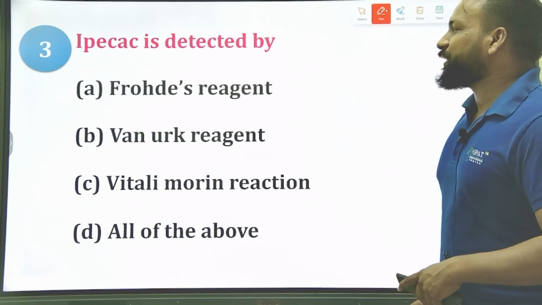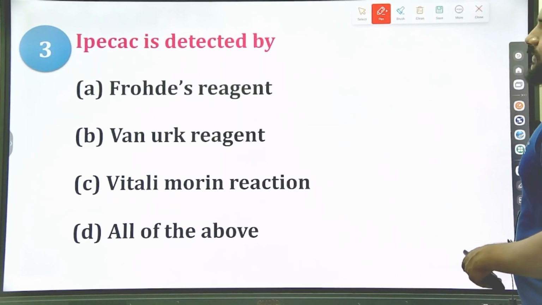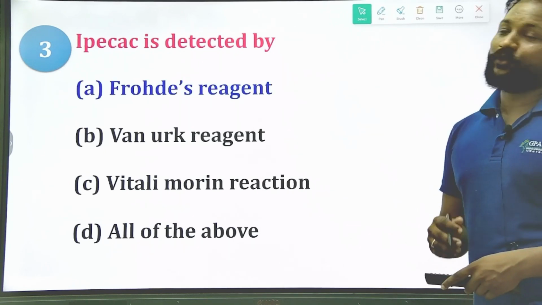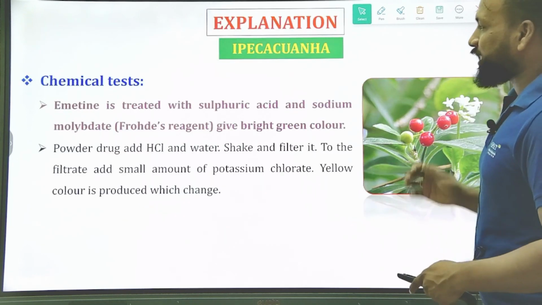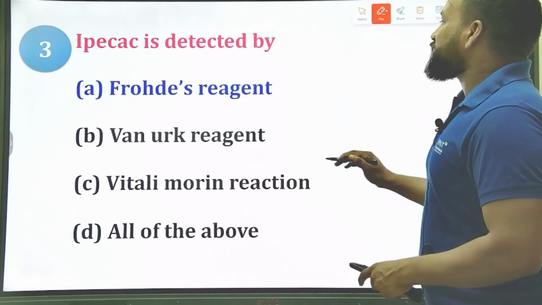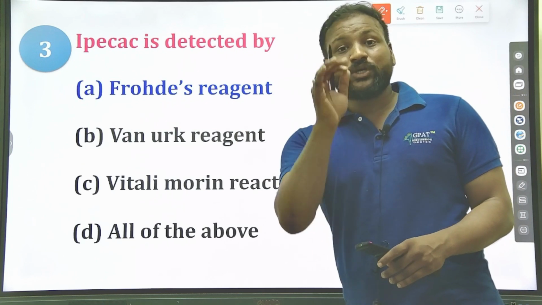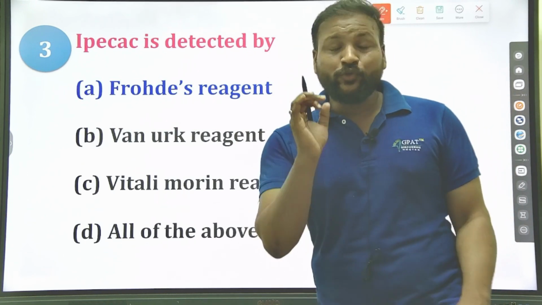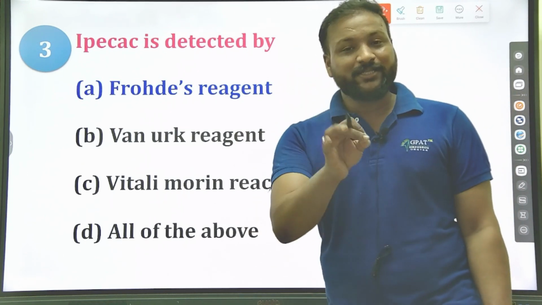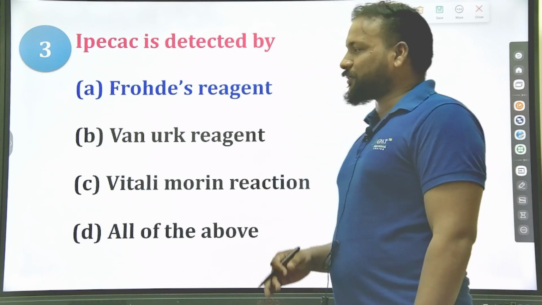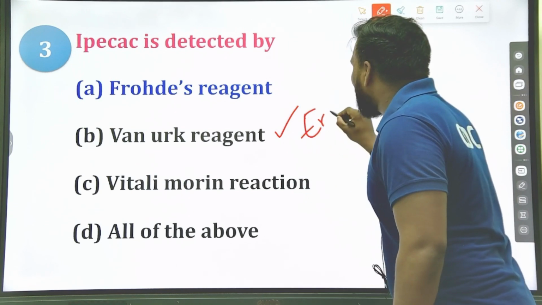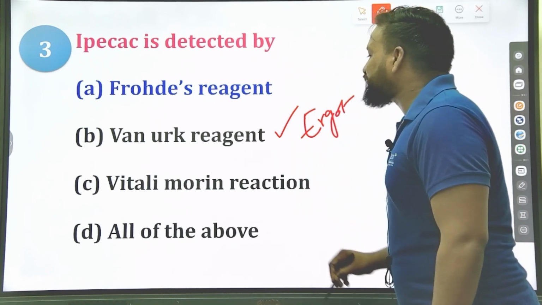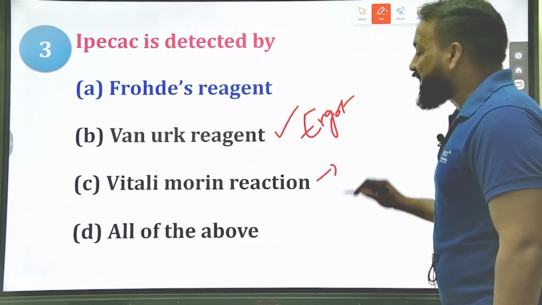Simply, ipecac is detected by Frohde's reagent. In such MCQs you should apply your little IQ so that you can detect the wrong answers and identify the right option. Because the Vanek test is for ergot, whereas the Vitali-Morin test is for atropine.